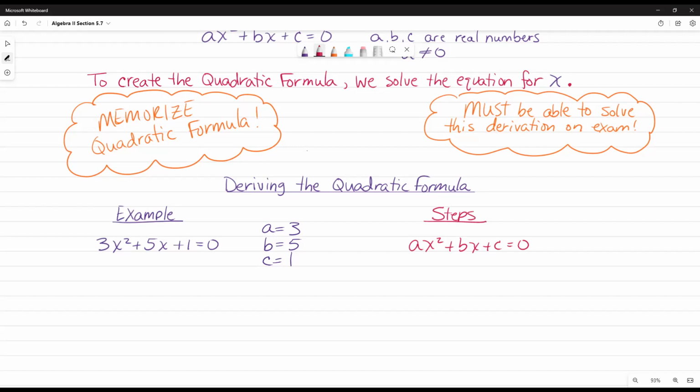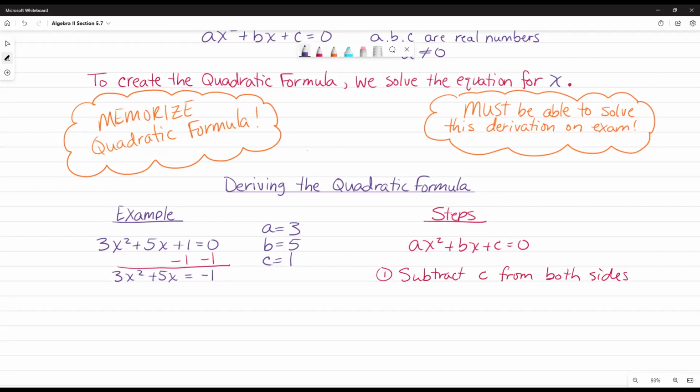So the first thing that we do is we subtract c from both sides. So that means I'm going to subtract 1 from both sides, and I end up with 3x squared plus 5x equals -1. This should look pretty familiar since we just finished the section where we learned about completing the square.